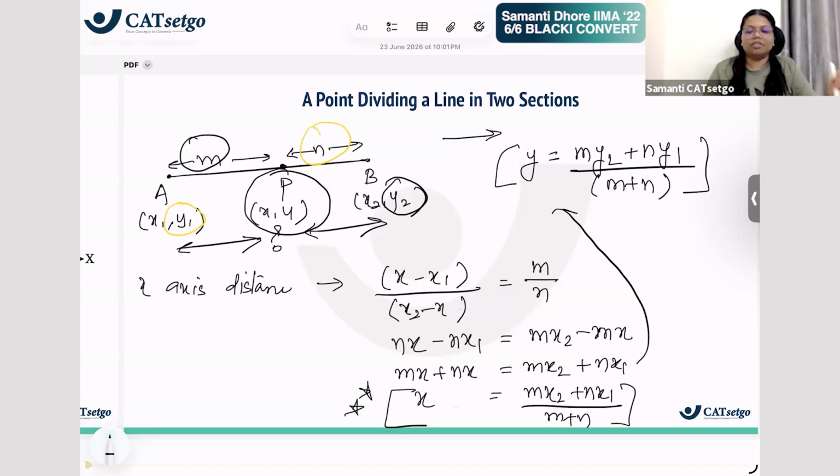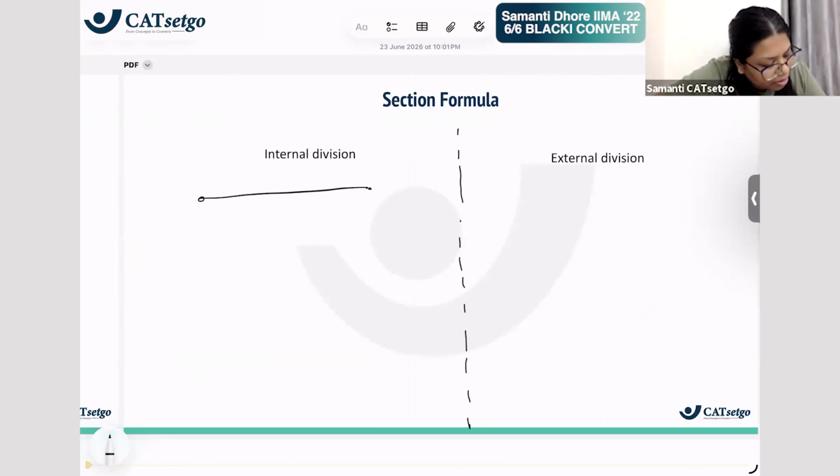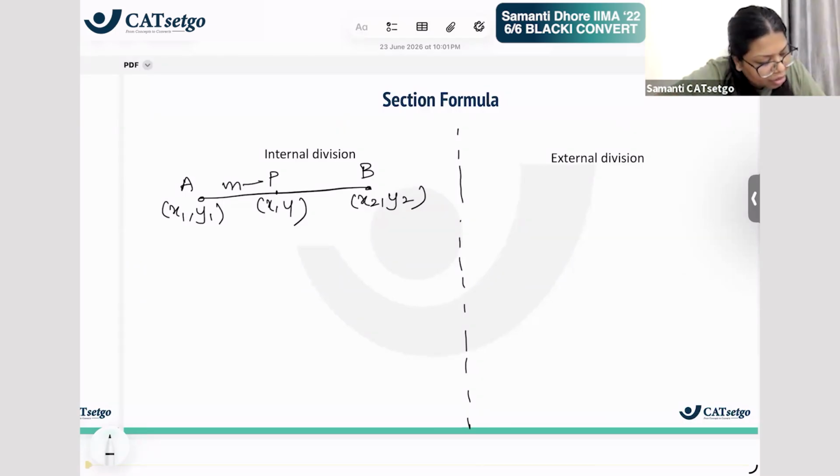The x and y coordinates of this point P are given by this formula, and this formula we call a section formula. So there are two types of divisions that happen, internal and external division. Internal division means if this is a segment AB with the same points that we just drew, x1, y1, x2, y2, and there's a point P, x comma y, which is dividing it into the ratio of m is to n.